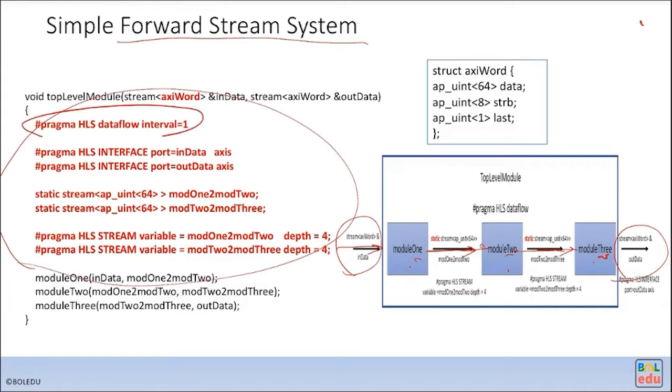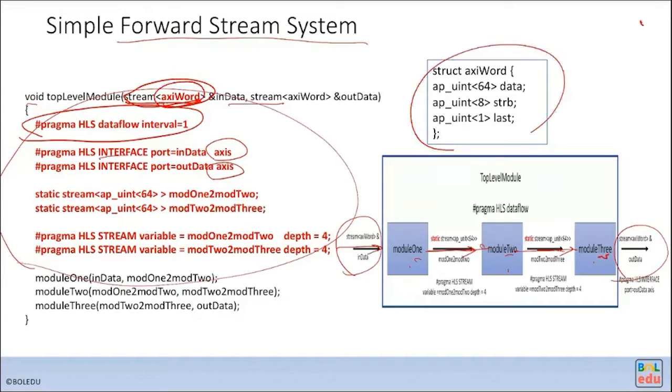First you specify the module's internal is a dataflow, and you declare the interface as an AXI stream. The interface signal you define with this AXI structure, and you can put any kind of information from outside.